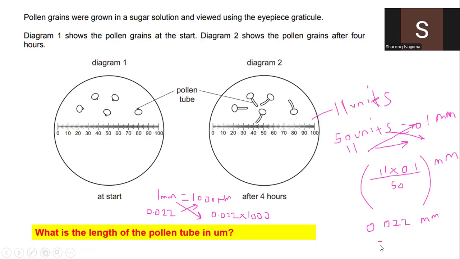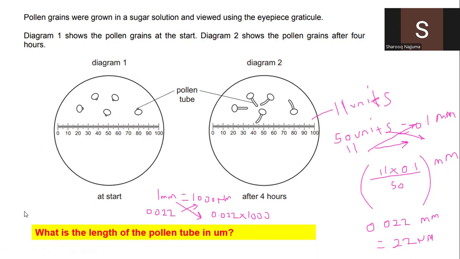And that is how our answer is going to be. So multiply that by 1,000. That is going to be 22. So our answer is 22 micrometers. That means that the length of this pollen tube is 22 micrometers. So that is the math you are expected to do.